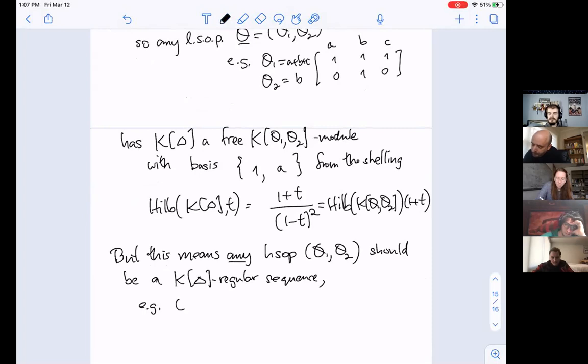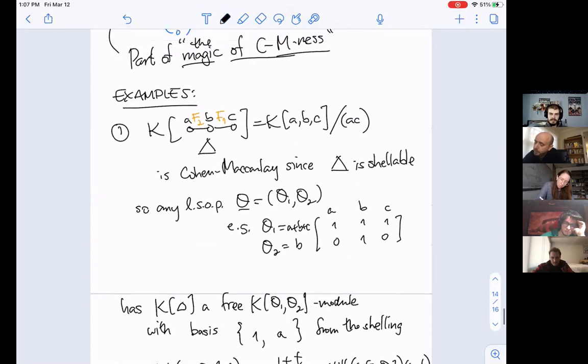So let me take the same theta 1, A plus B plus C, but I'm going to do another theta 2 that I happen to know. Actually, one that always works is if you take theta 1 to be the sum of the vertex variables, theta 2 the sum of the edge monomials, so AB plus BC, and then theta 3 the sum of the triangle monomials, the two-simplices, and so on.